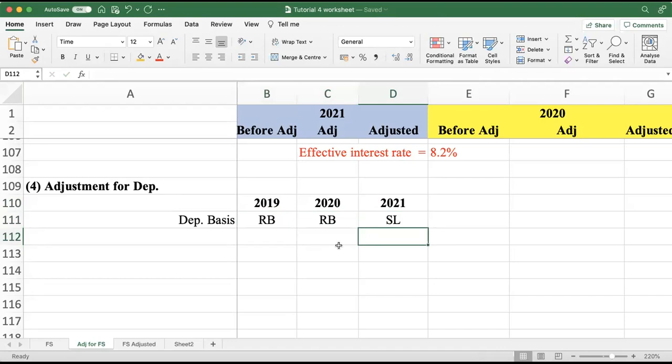Now you see these 3 years are not comparable. The company changed the depreciation estimation. This is a change of accounting estimates. Because for 2 years the company was following reducing balance, and in 2021 the company moved to a straight line basis. These 3 years are not comparable.